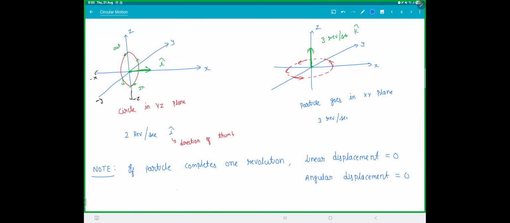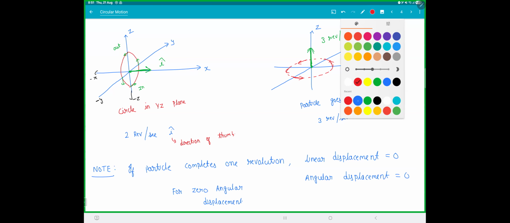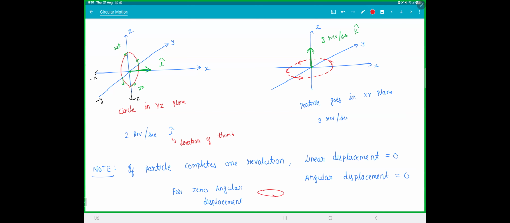Getting it? So if you want 0 angular displacement, the particle should rotate in the opposite direction, meaning let's say one rotation you're making clockwise and another rotation you're making anti-clockwise. Then it becomes 0.